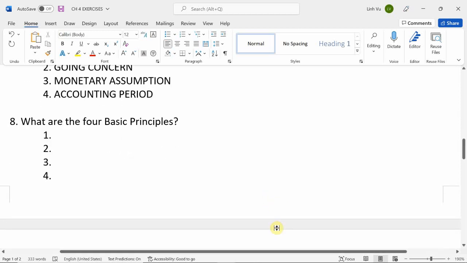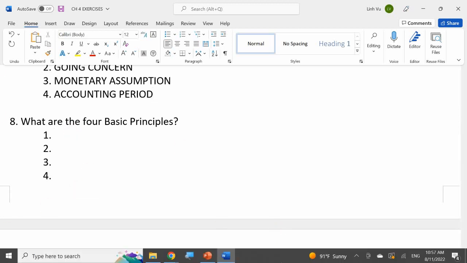Number 8. What are the 4 basic principles? Historical cost principle, realization principle, matching principle, and full disclosure principle.